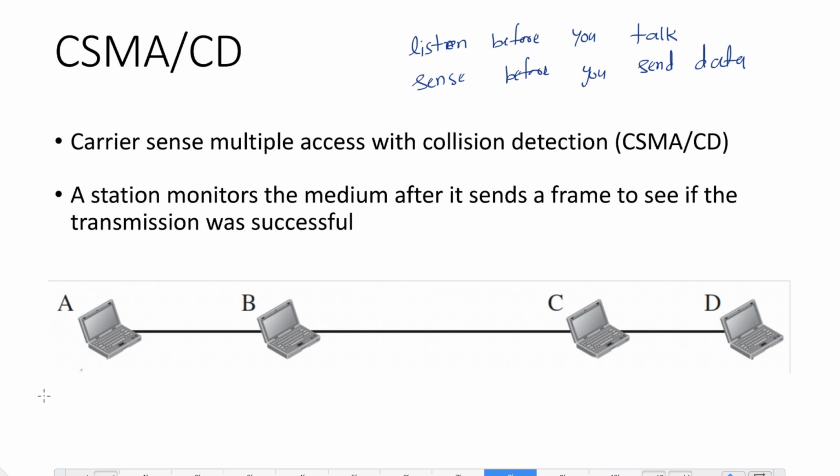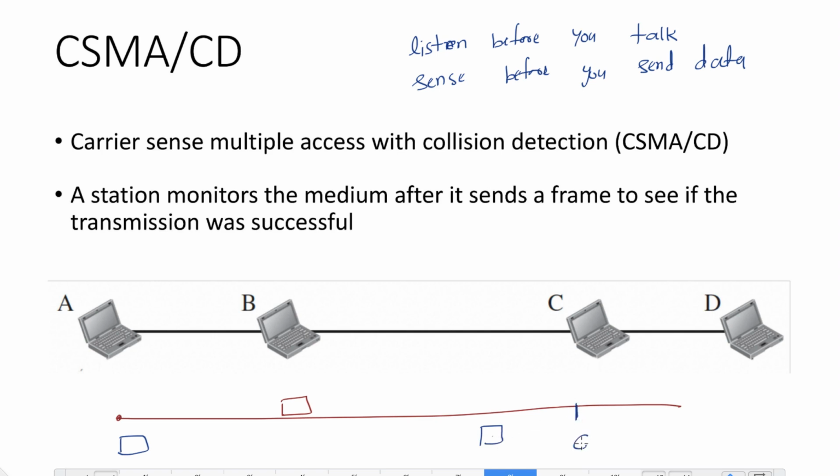So suppose that A wants to send some data to C or to D or to B. Then in that case, first A will sense the channel, whether the channel is busy or not. If the channel is busy according to A, what do I mean by according to A? Let's suppose that B is sending some packet to C, then that packet will get broadcast. After some time that packet will reach here and here. Now C is here.